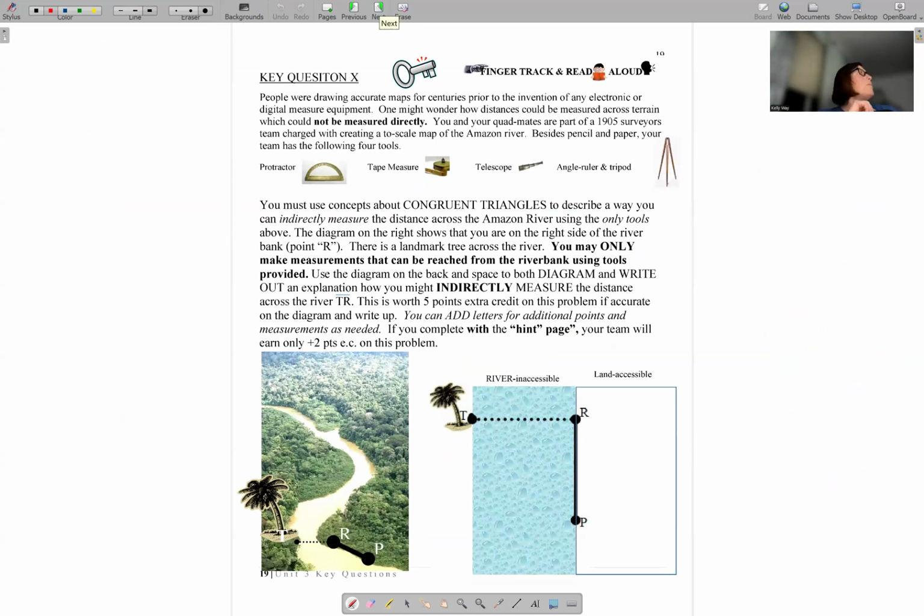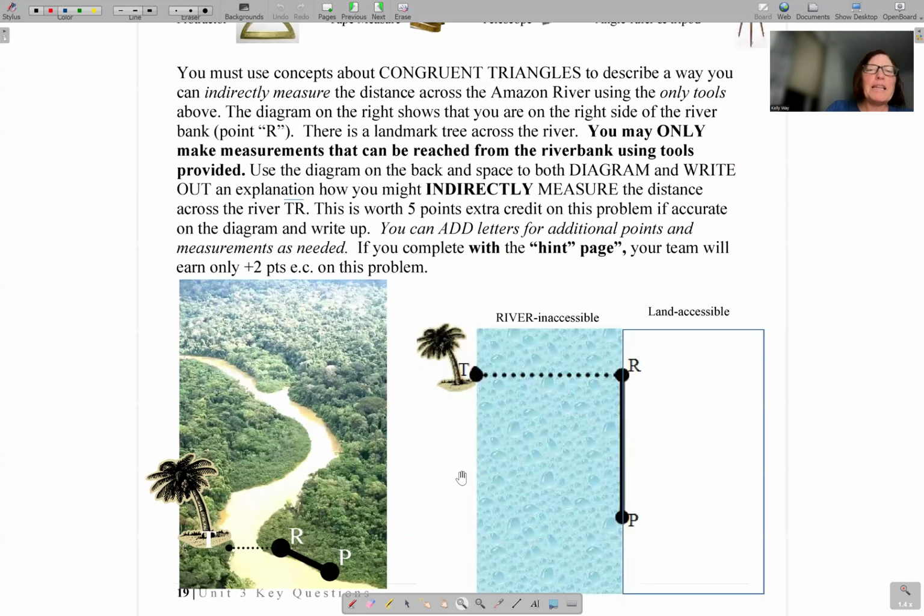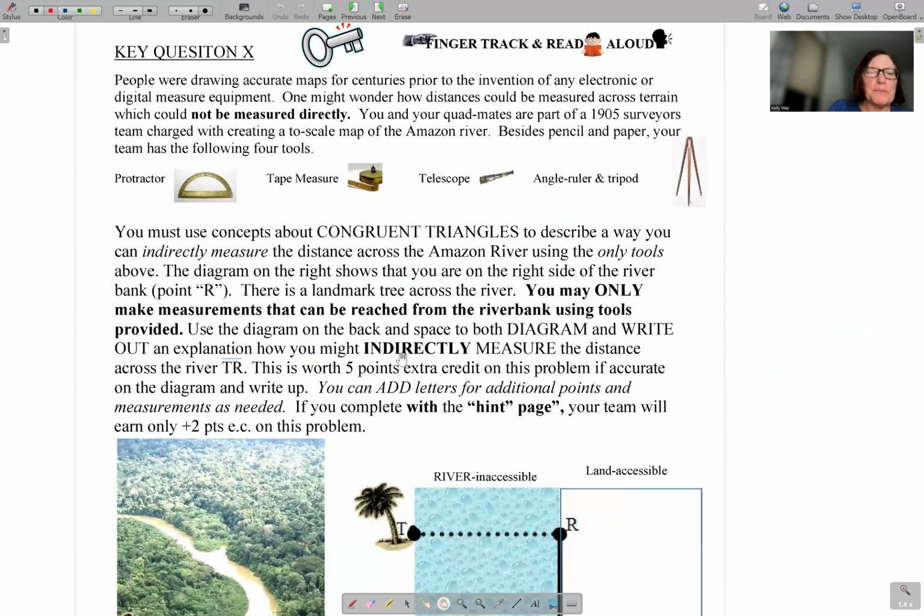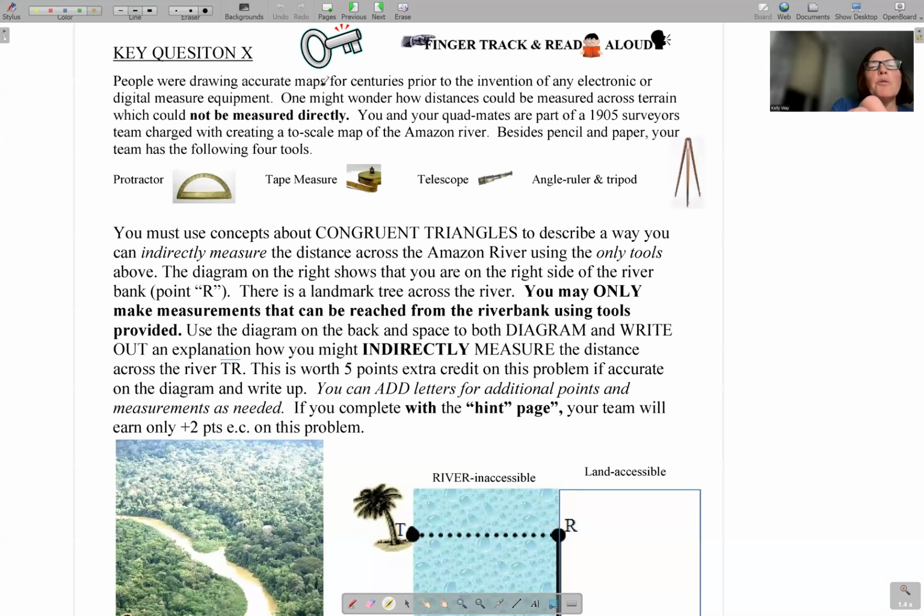Okay, this problem, you're going to have a shot at extra credit during class time. But the scenario is this. People were drawing accurate maps for centuries prior to the invention of any electronic or digital equipment.